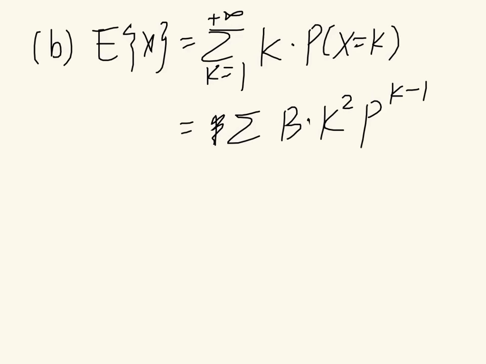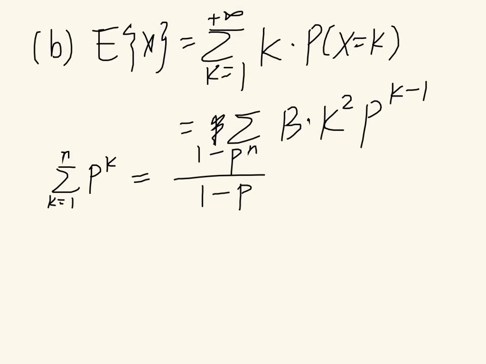And we have the sum of p to the power k, k from 1 to n, equal to 1 minus p to the power n over 1 minus p.